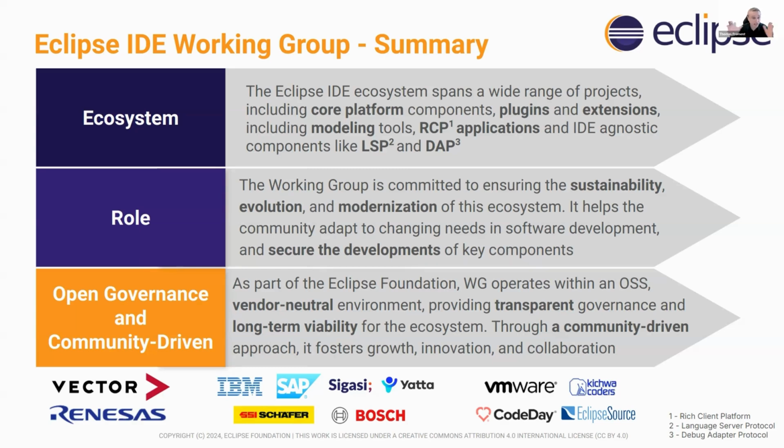So it's not only the IDE, but the IDE and the platform, including its plugins, extensions, and everything. The working group is committed to ensuring its sustainability and to working with the community, as most of the companies are contributors and also committers, also working on the evolution and modernization of this ecosystem. Here you see the 12 companies currently involved in the Eclipse IDE Working Group.